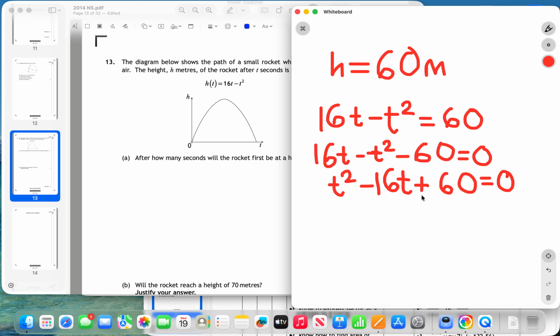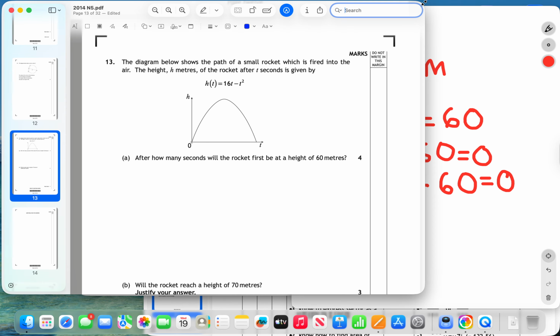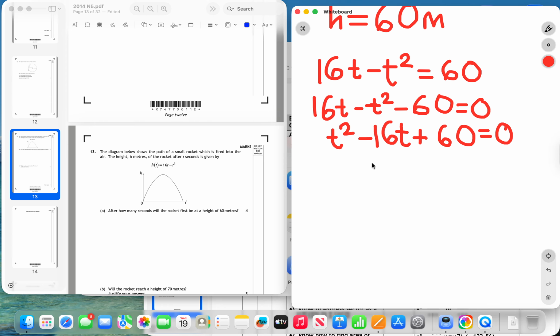We can't do that. -3 and -20, yeah, they multiply to make 60, but they add to make -23. But you just have to keep looking through all of the numbers, and I think the option would be -6 and -10, because they add to make -16 and multiply to make 60.